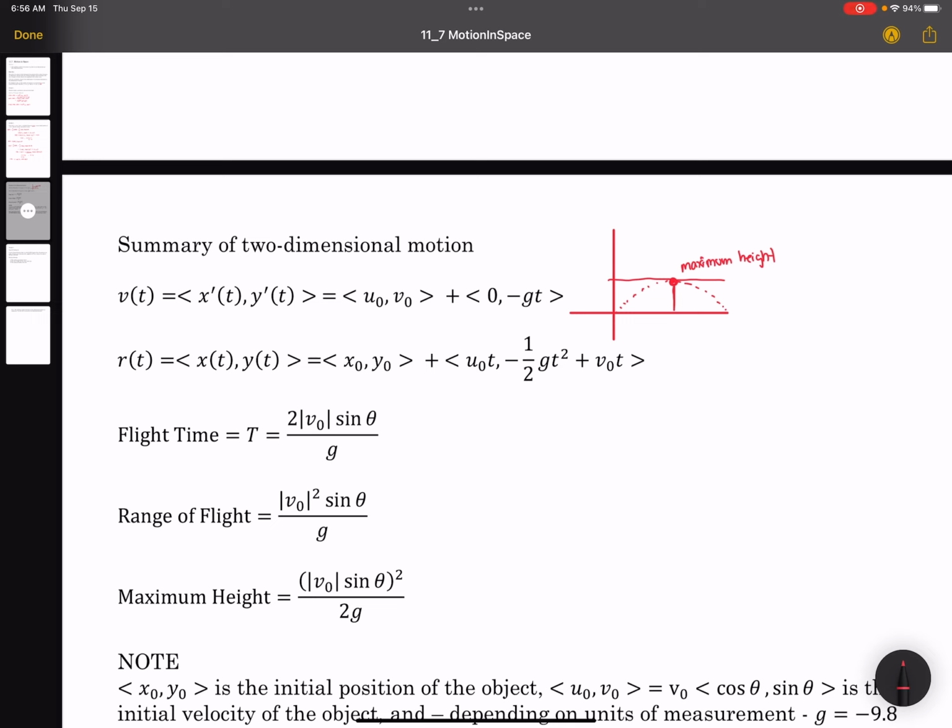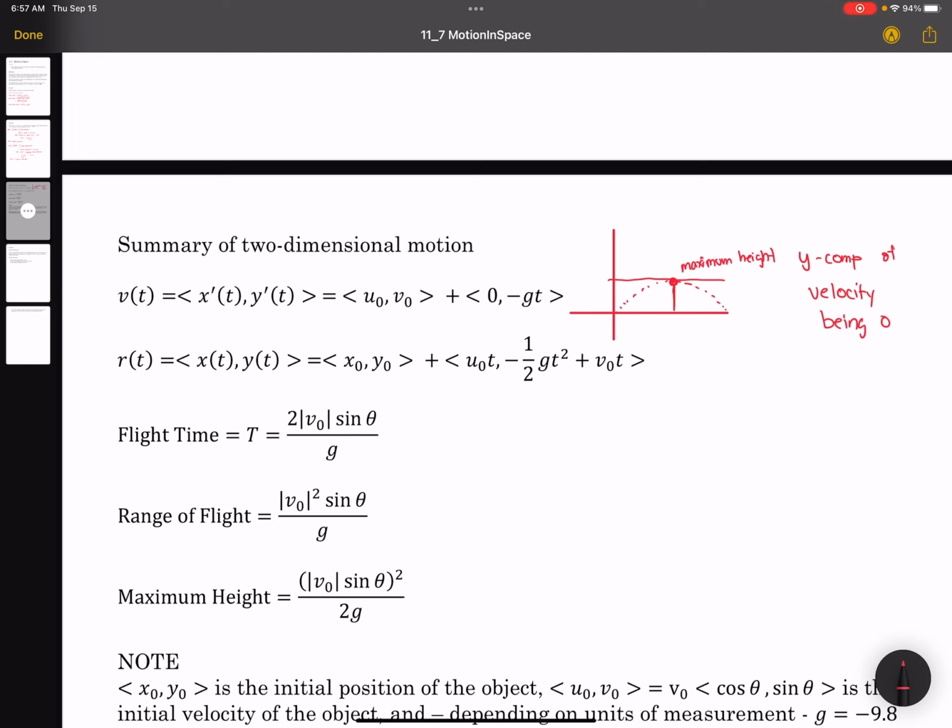So the maximum height is going to correspond to the y component of velocity being 0. And that's going to be some time t. And then to find the maximum height, we just take that time value and substitute it back into our position function. This is analogous to doing relative maximum and relative minimum in Calculus 1. They just kind of dress it up and call it something different.